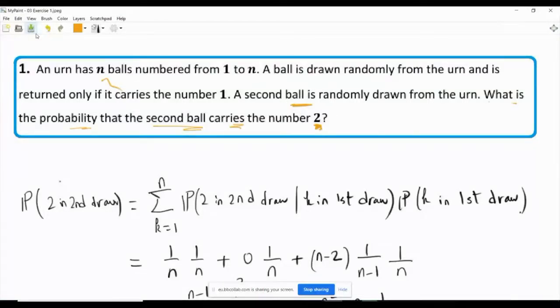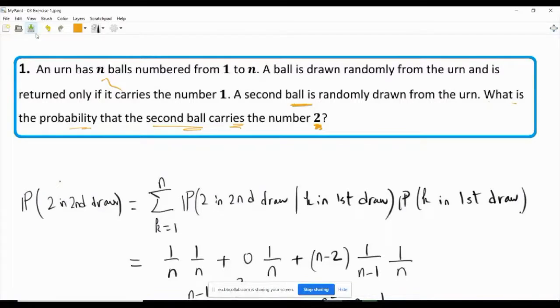But if in the first draw the ball has a number other than 1, you will simply discard it. You will throw it away. And now when you do the second part of the experiment, you may have a number missing. You may have 2 missing if 2 was drawn in the first step. You may have 3 missing, and so on and so forth.